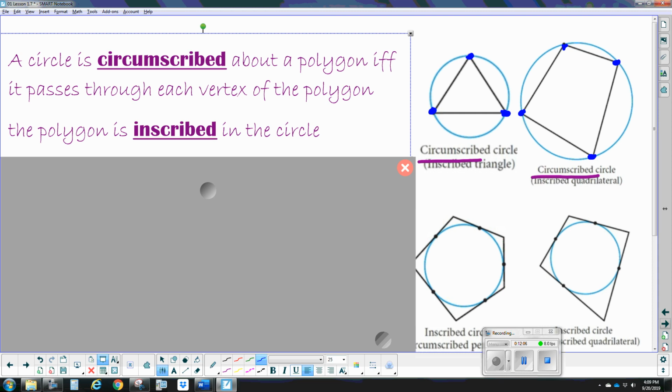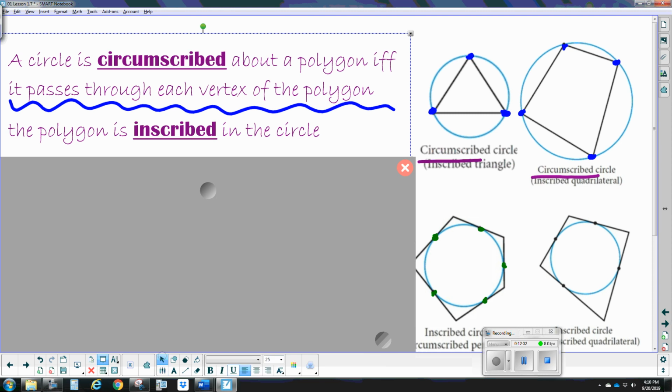Okay, here we're just really focusing on this top part of the definition because we're focusing on circles. So let's see, if a circumscribed circle touches the vertices, what does an inscribed circle do? An inscribed circle touches each side of the polygon.